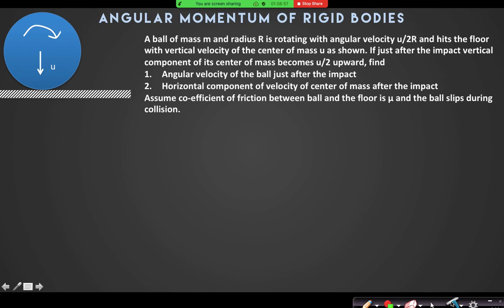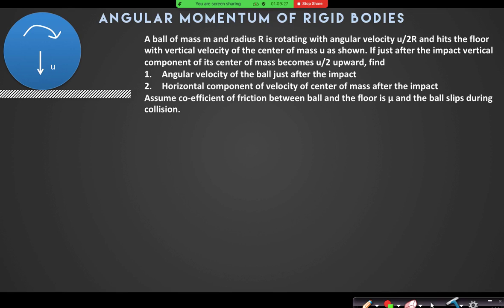Okay, we'll move forward. A ball of mass m, radius r, is rotating with angular velocity u by 2r and hits the floor with vertical velocity of the center of mass u. Just after the impact, the vertical component of the velocity of the center of mass becomes u by 2 upward.